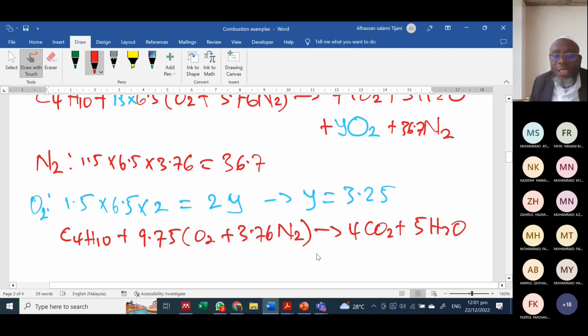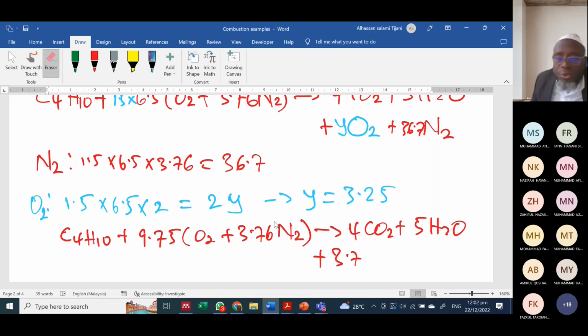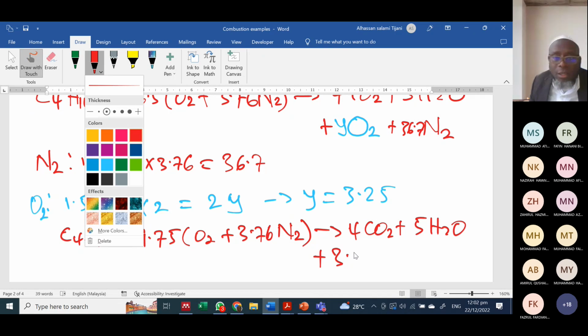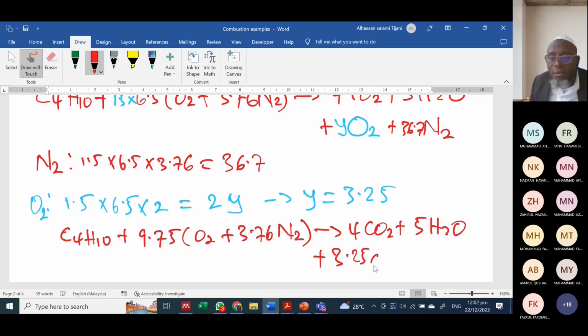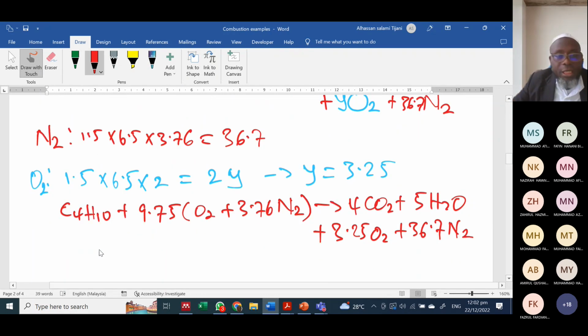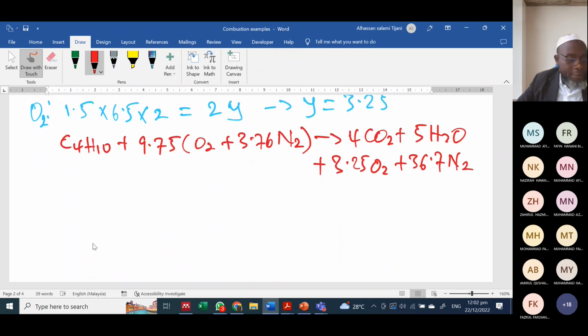And now we know the oxygen already, plus 3.25 of oxygen plus 36.7 of nitrogen. So this equation is for 50% excess air.